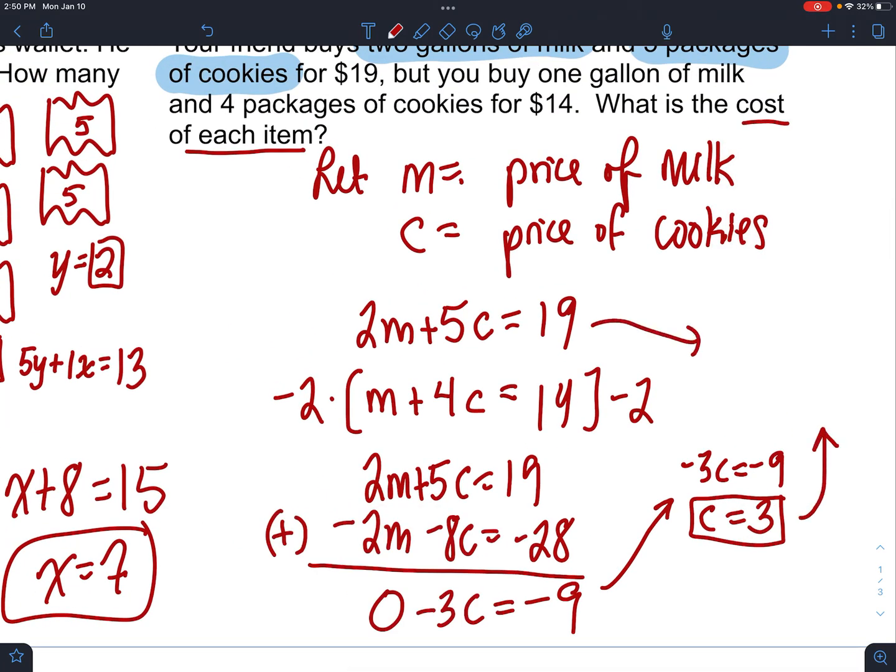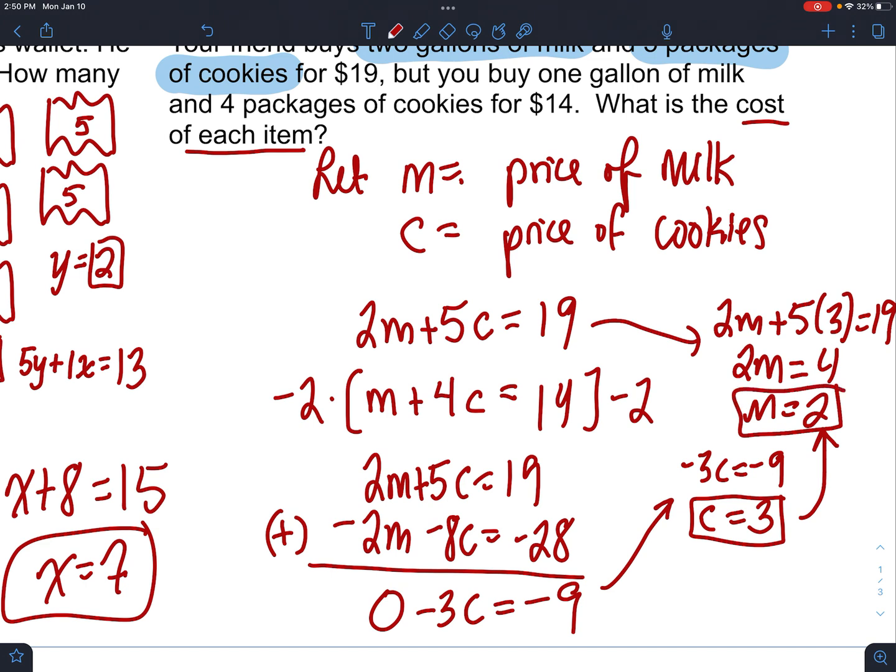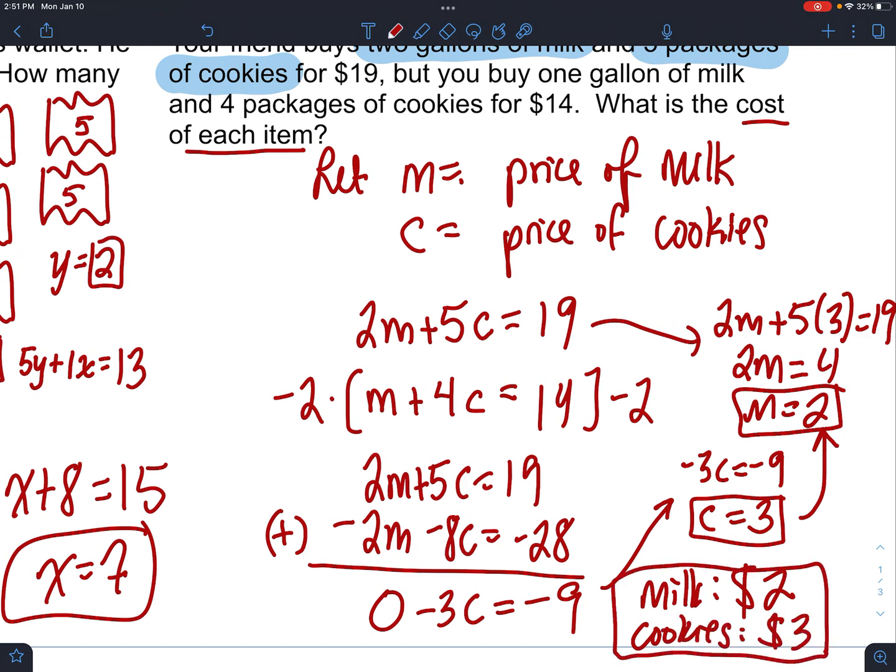And then I'll take this answer and plug that into an old equation I made. So milk is $2 and cookies are $3.